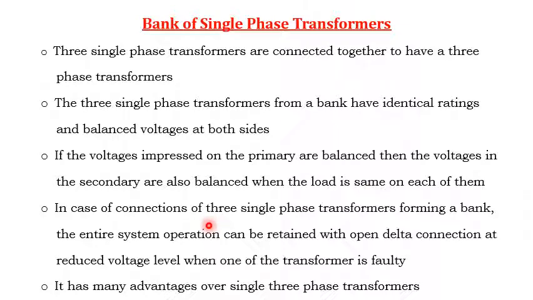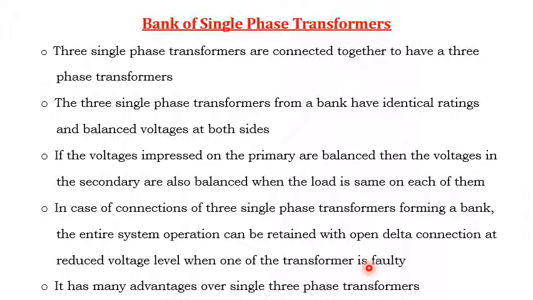In case of connections of three phase transformers forming a bank, the entire system operation can be retained with open delta connection at reduced voltage level when one of the transformers is faulty. This is one more advantage of a bank of single phase transformers.